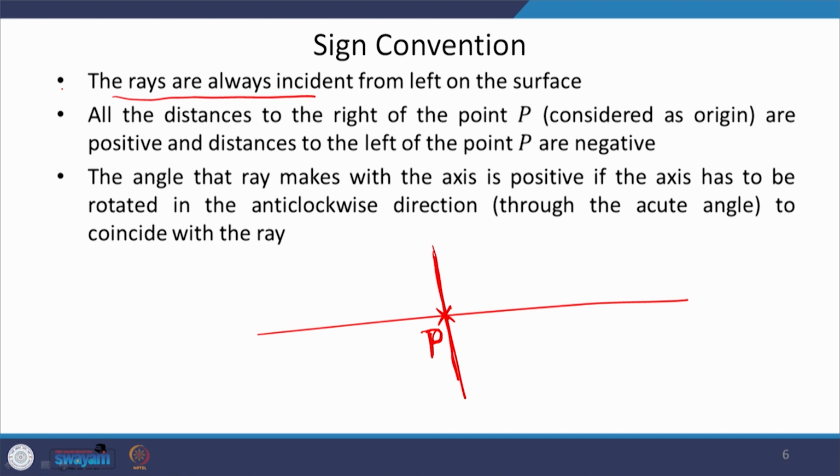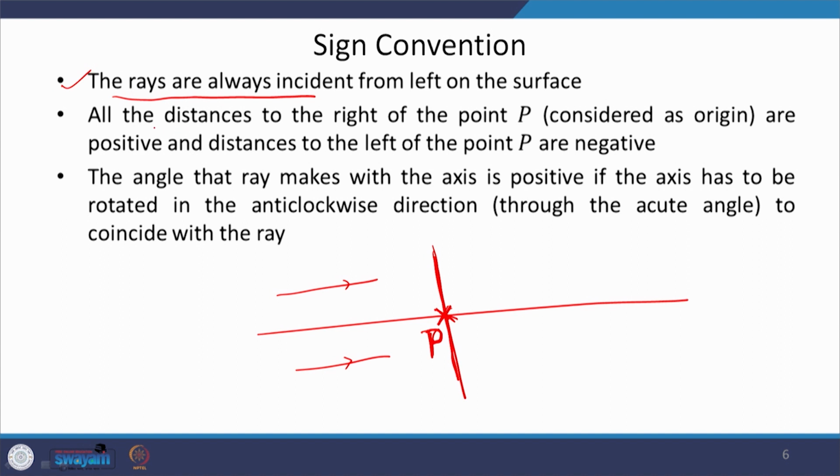The first point in this convention is that rays are always incident from the left on the surface. Whenever you draw a ray, you always draw from the left and make it incident on the optical element, which is centered here at point P.